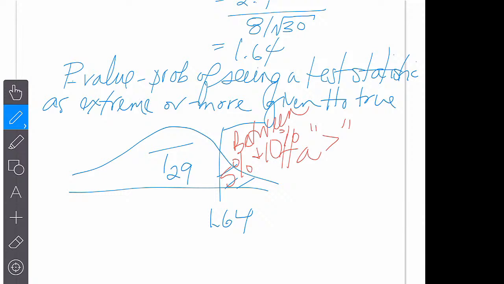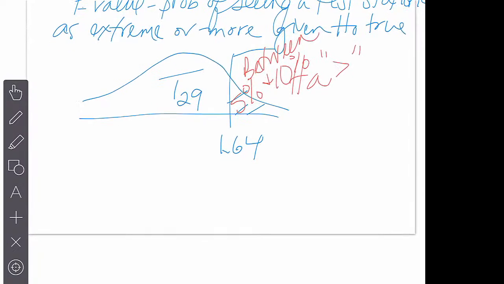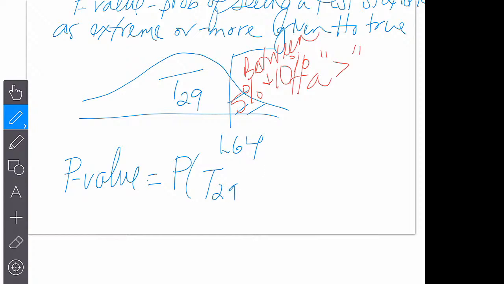So the p-value turns out to be the probability that the T29 is greater than 1.64, and that is between, so I don't expect you to write it like this, but I do expect you to give me the value.